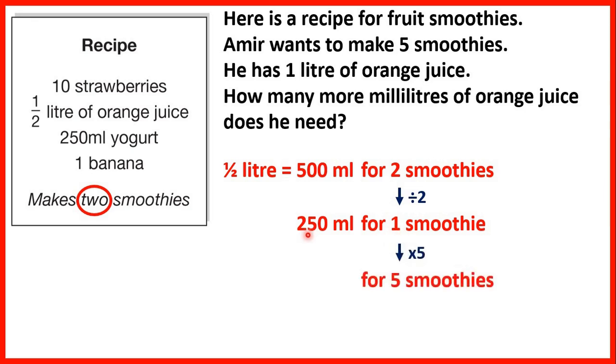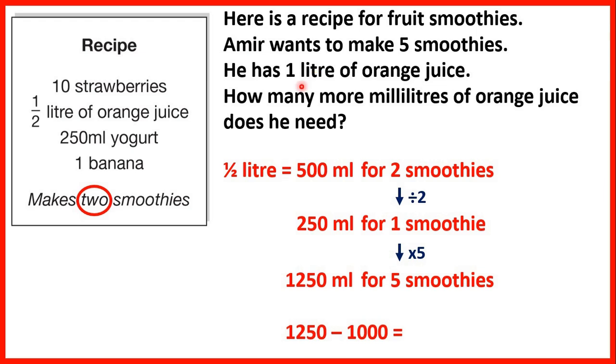And then we can multiply 250 by 5, and that tells us that we need 1250 millilitres for 5 smoothies. Now Amir already has 1 litre, so he already has 1000 millilitres.